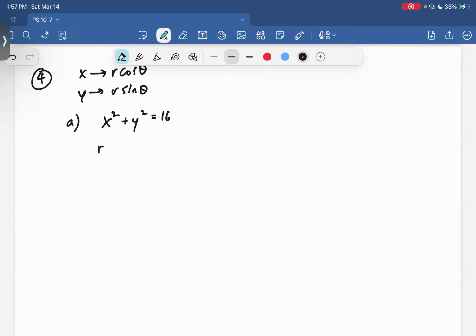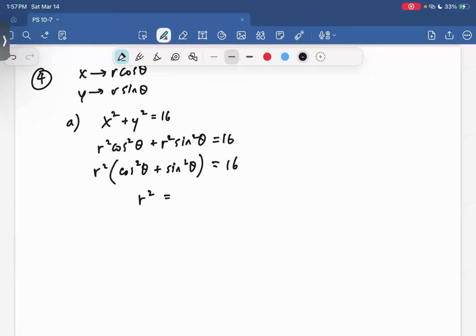If we make these substitutions, we get r squared cosine squared plus r squared sine squared equals 16. But here you can just factor out the r squared. And you're left with r squared, because cosine squared plus sine squared is just 1.